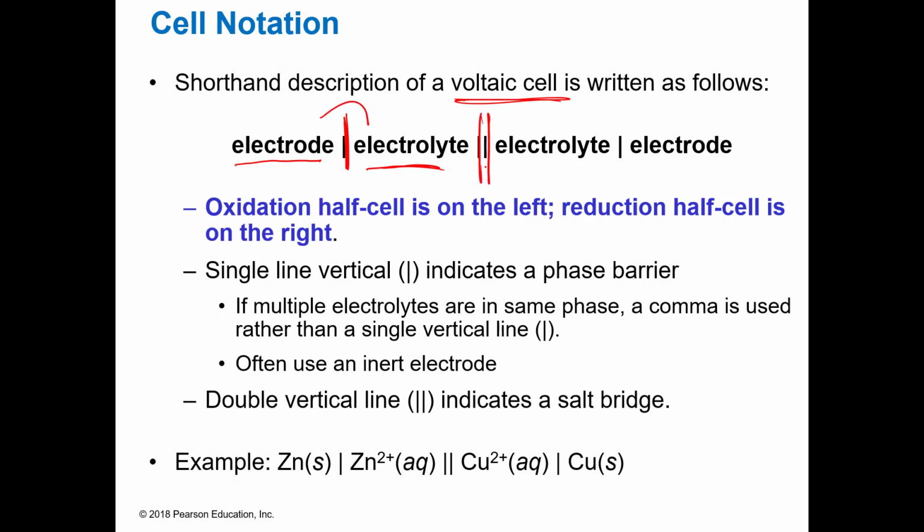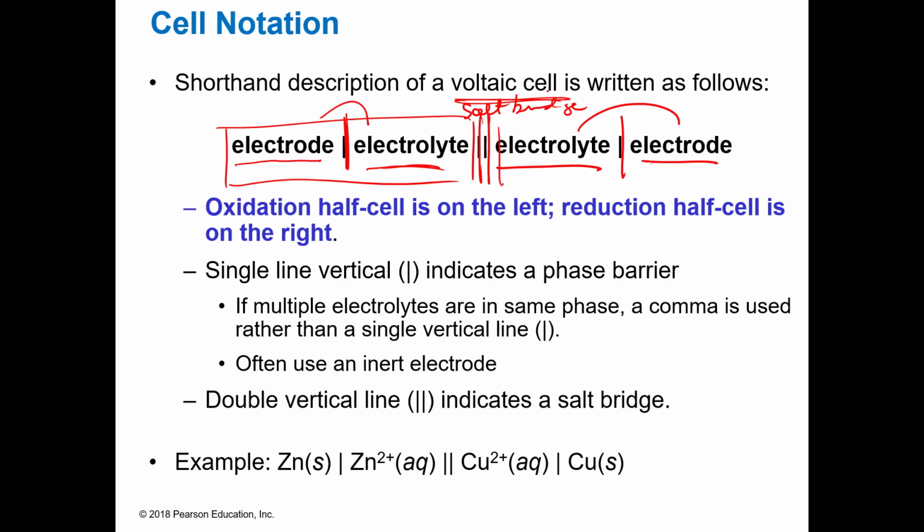And then the double bar stands for the salt bridge. Then the other solution on the other side of the bridge, and a bar, and then the other electrode. Okay? So you've got your anode over here and your cathode over here, separated by the salt bridge.